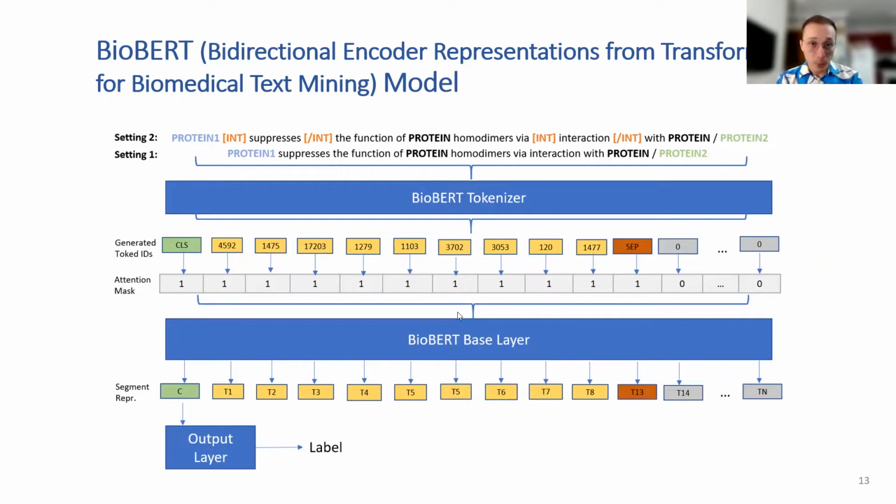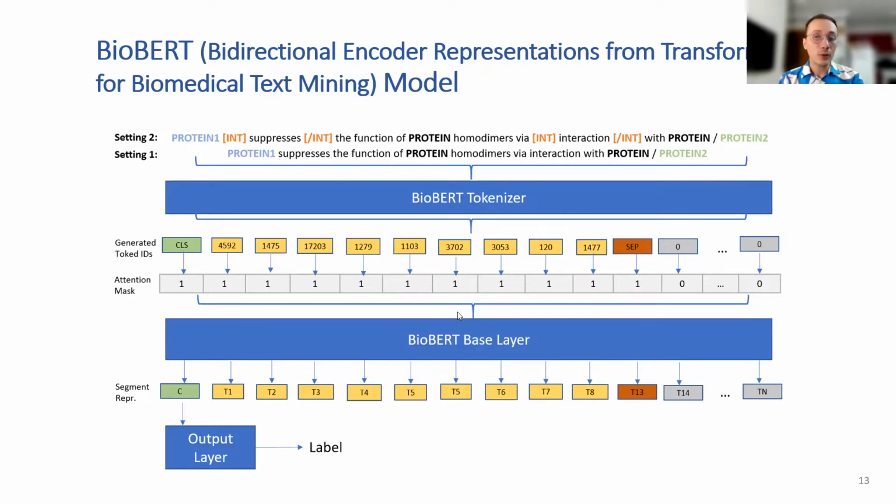After those preprocessing steps, we obtained preprocessed sentences, and we give those sentences into our BioBERT tokenizer. Actually, the BioBERT tokenizer encodes each of the words into the corresponding IDs, and it also adds CLS and separator tokens to the beginning and to the end of each sentence.